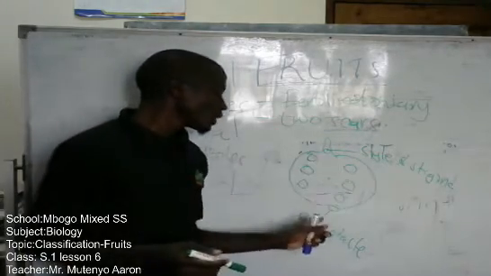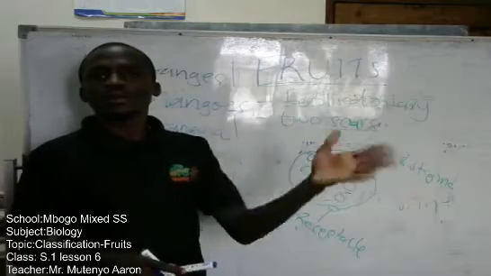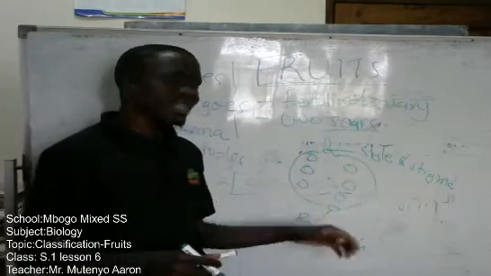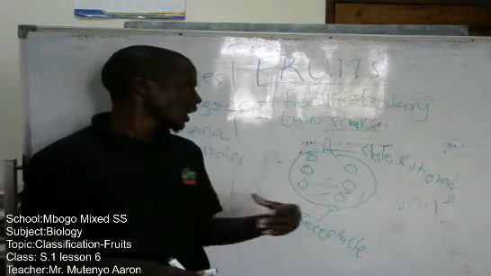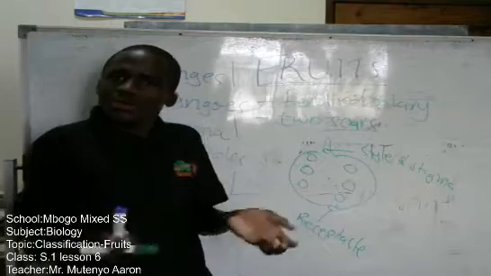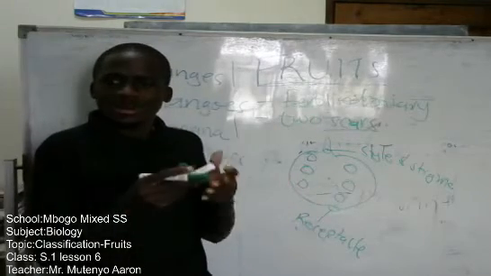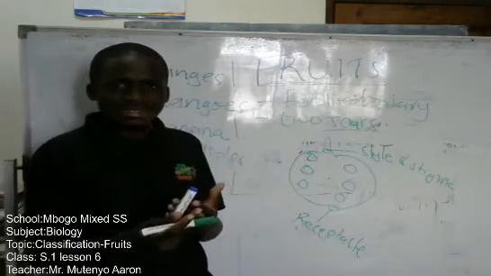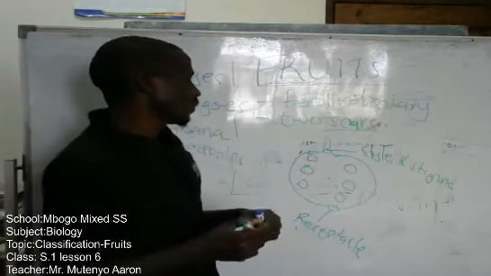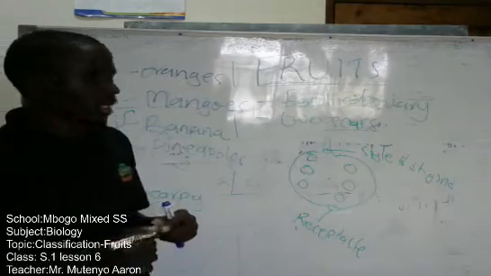So ovules are the ones that develop into the seeds. So a fruit has seeds in it. Just like the ovary has ovules in it, the fruit has the seeds. So that is how development of fruits comes about.